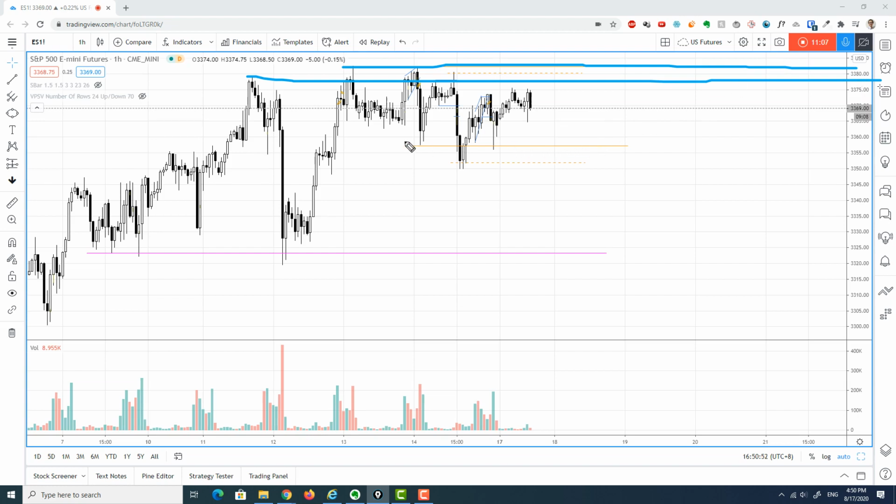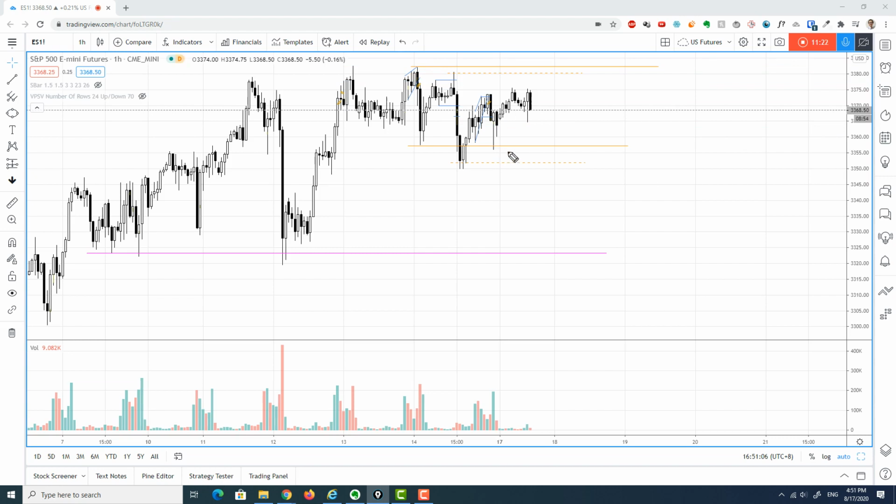And for the immediate support level, definitely I think this level could become a good supporting area, about 3360 to 3365. Else, the next supporting level could be this swing low here, and also this prior day low here at around 3350 to 55.